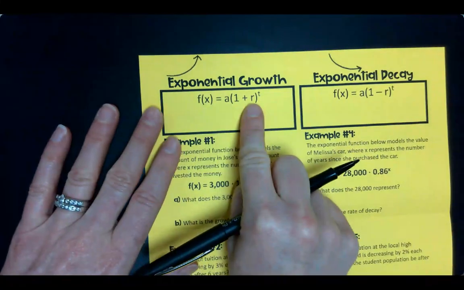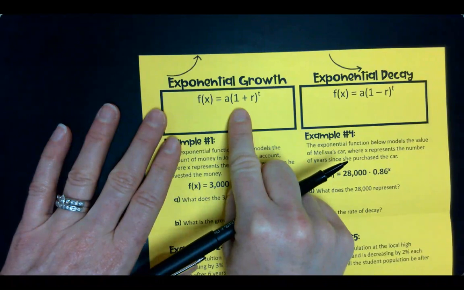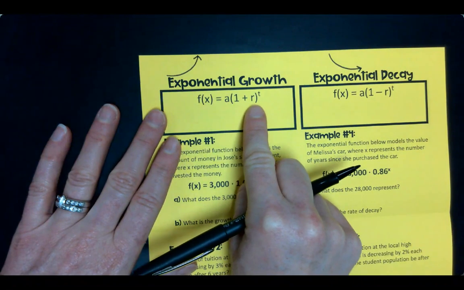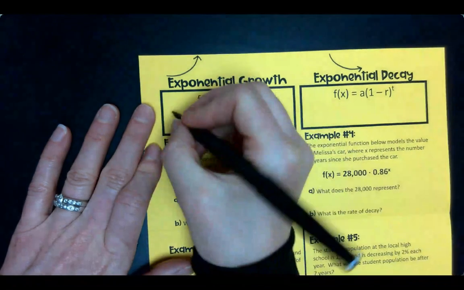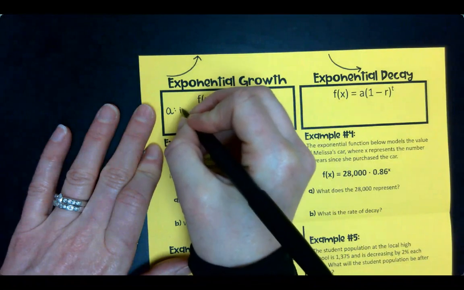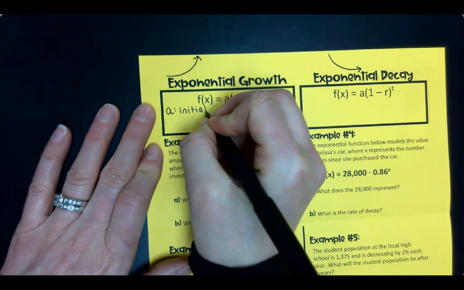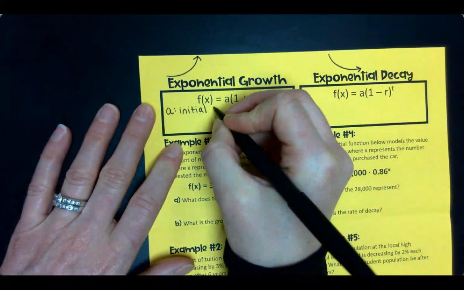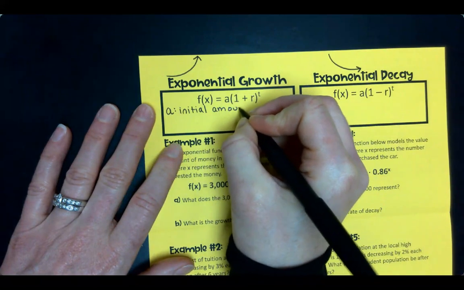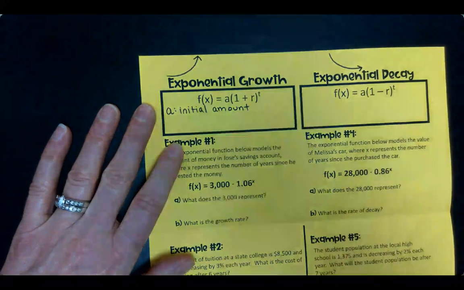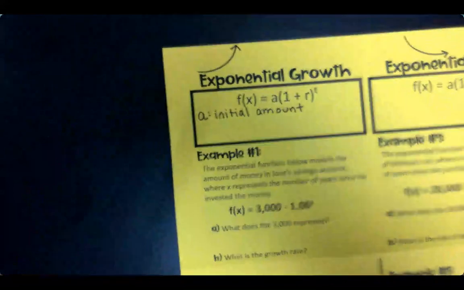All right, so for exponential growth, we have this a times (1 plus r) to the t. So a is your initial amount or balance. We're going to write out what each of these letters means.